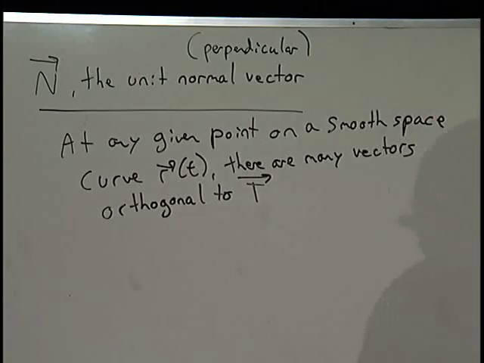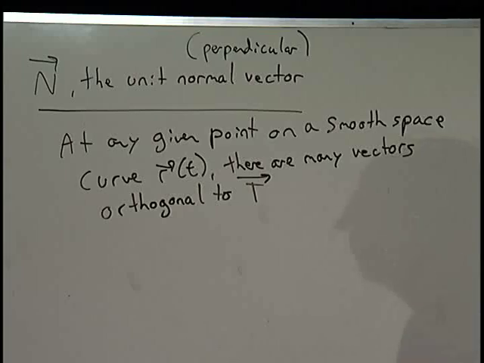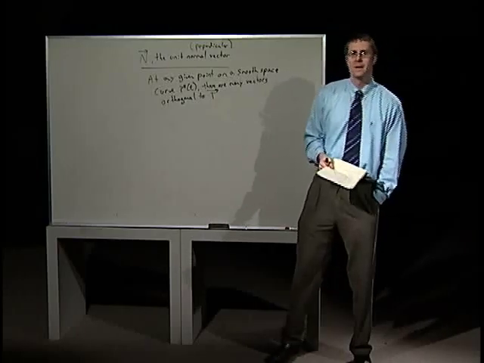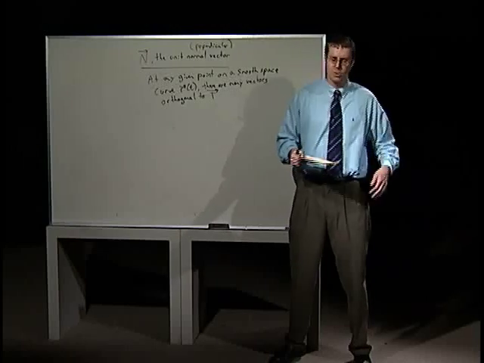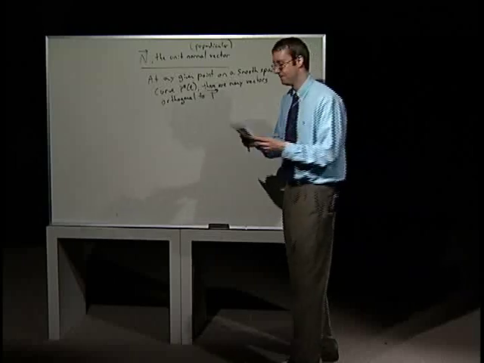So you have some space curve, you have some point, you have your unit tangent vector T. Well, there are lots of vectors that are orthogonal to T. In other words, any vector that when you dot it with T gives you 0 will be orthogonal to it. Okay, which one do we want?